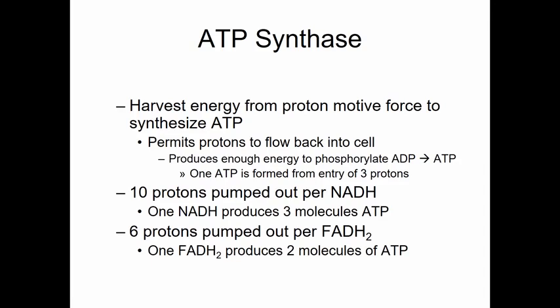The extra protons just hang out there and they keep coming in groups of 3. We're making those 34 ATP because we're bringing all of that NADH and all of that FADH2 to this membrane.